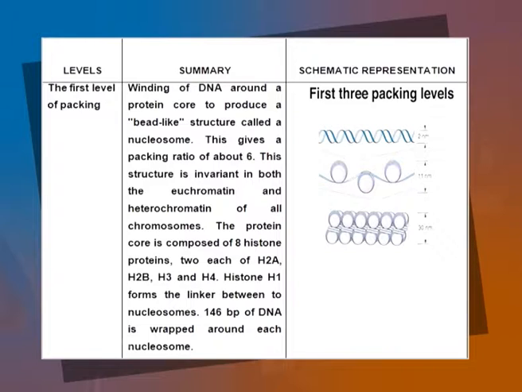The protein core is composed of 8 histone proteins, 2 each of H2A, H2B, H3 and H4. Histone H1 forms the linker between 2 nucleosomes. 146 base pairs of DNA is wrapped around each nucleosome.